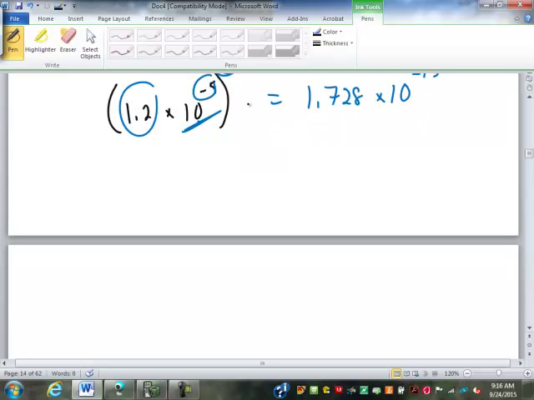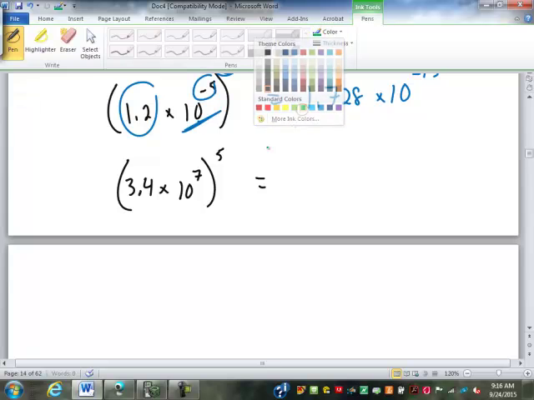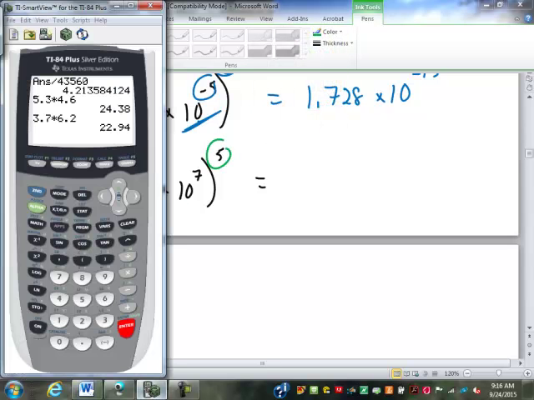3.4 times 10 to the 7th to the 5th power. So we're going to take 3.4 to the 5th power.